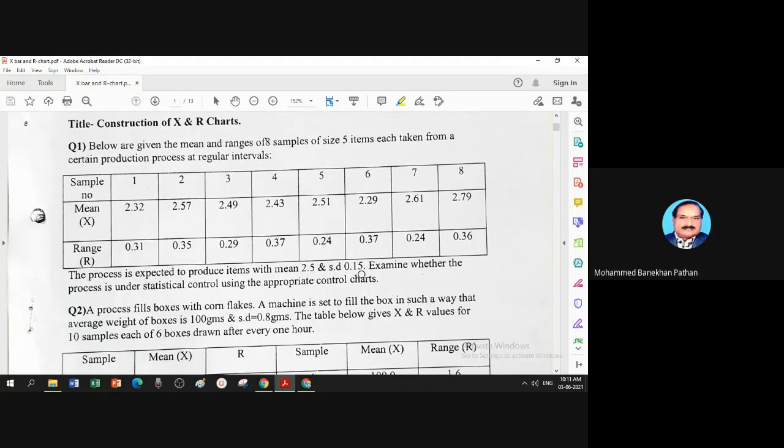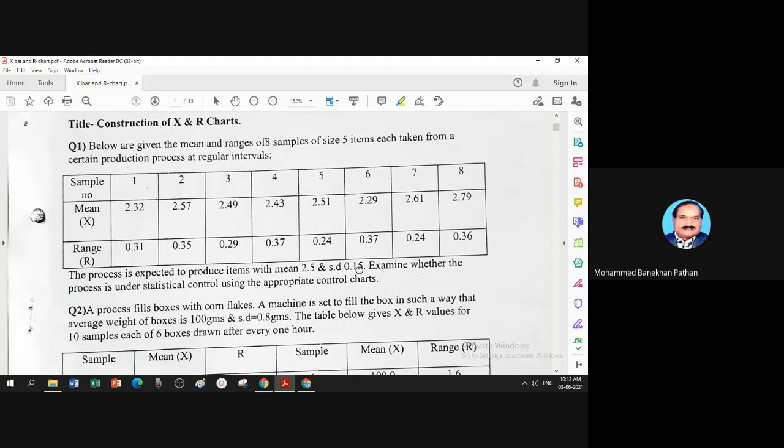You can recall what I taught in theory. There are two ways of construction of a chart. Case 1 is when the parameters are given, constants are provided, and case number 2 is when the constants are not provided. So in question number 1, parameter mu and parameter sigma are provided.